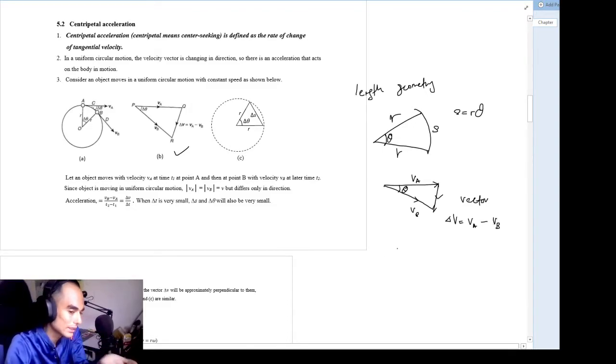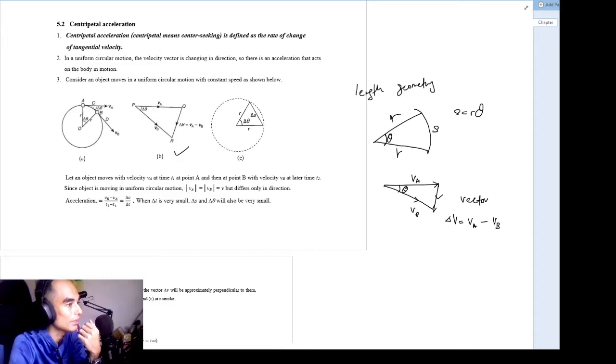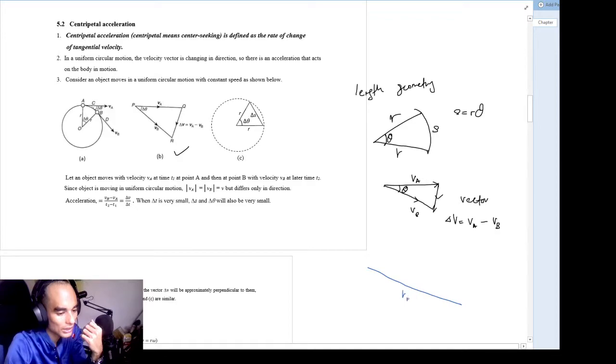So you can see, if I draw in another color, VB by vector. Okay, this is a vector in maths. So this is VA. Okay, this is VA. And then between them, it's actually not like that.